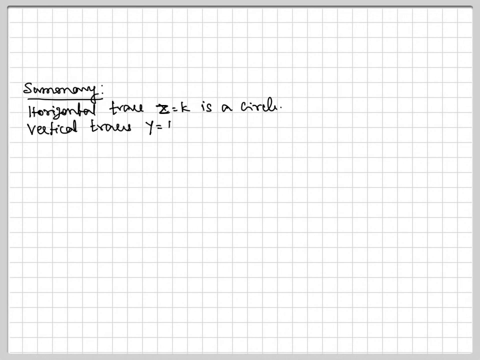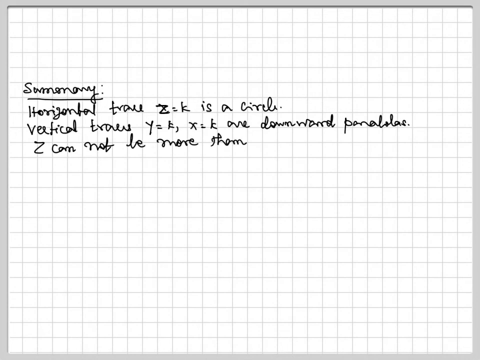So in summary, we can say horizontal traces, z equal to constant, are all circles. And the vertical traces, say y equal to constant or x equal to constant, are all a family of downward parabolas. And z cannot be more than 2.